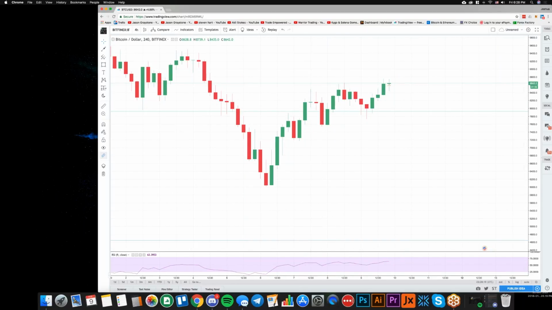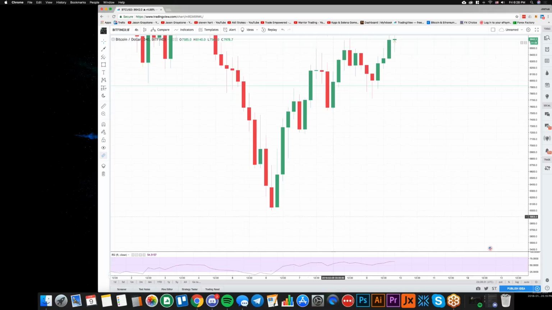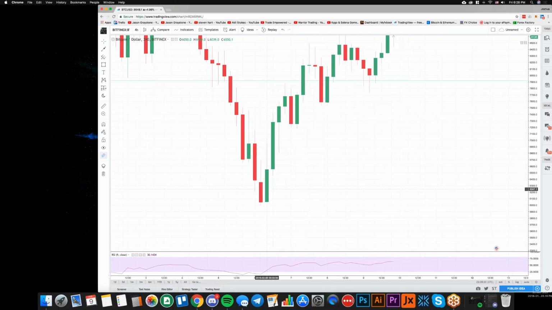So the next thing that I look for. This would make me suspect a potential reversal, but this is not considered a reversal yet. When I consider it a reversal is when you have a bullish or bearish engulfing candle, whichever way we're moving. In this case, a bullish engulfing candle.